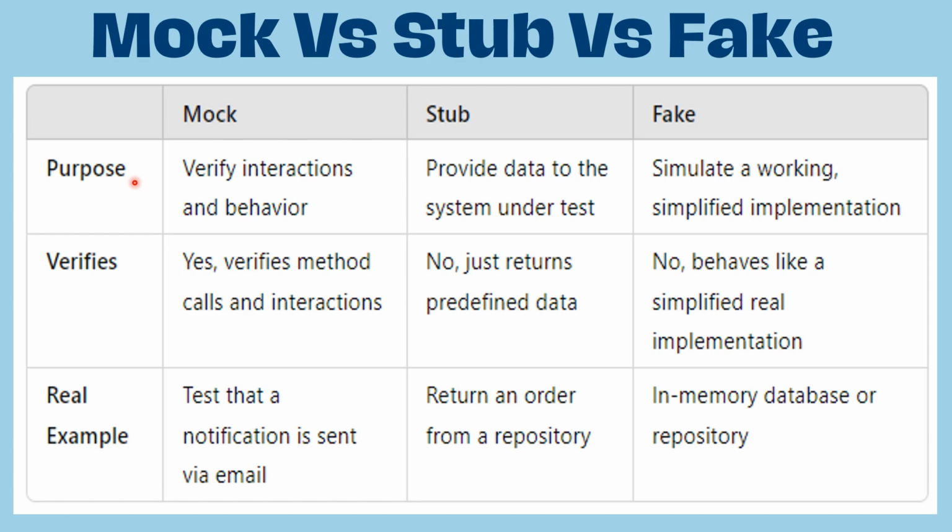As a real example, we will consider those three examples we have discussed. The notification service, which we used to test whether that email has been sent with these particular input parameters, or whether the email send method gets called. And with the stub, we verified that it returns the data from a repository.